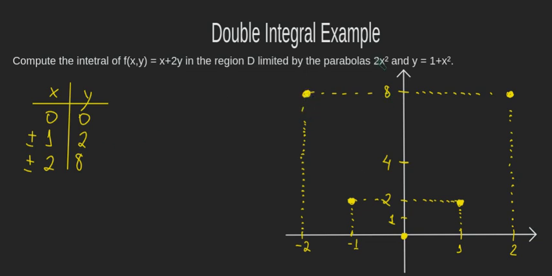So this parabola 2x squared, just connecting the dots, will be this parabola right here. Let me try to draw its graphic. Okay, more or less. So here is y equals 2x squared. That's great.